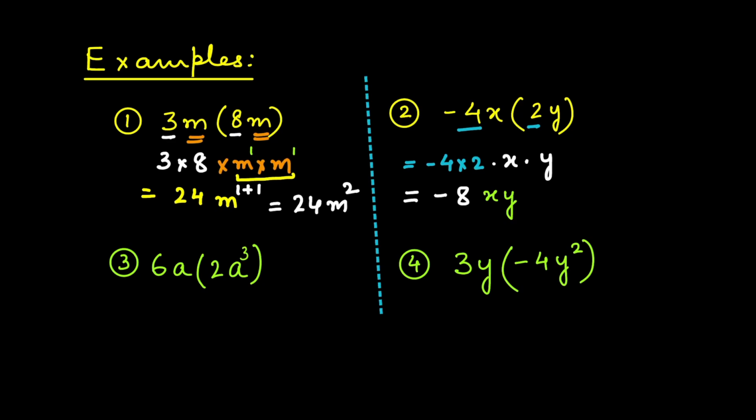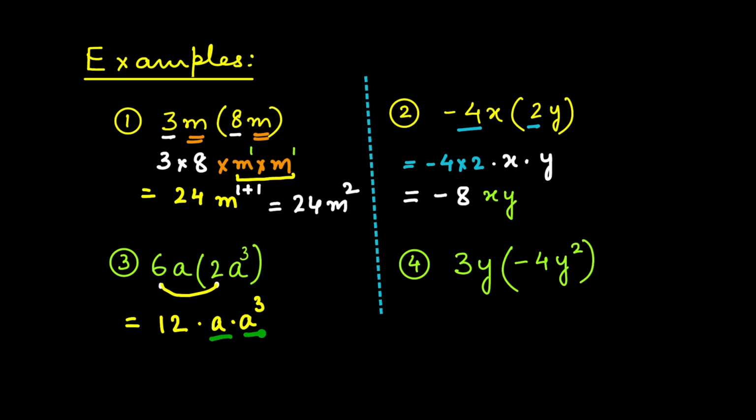Now example 3. Here we have again a monomial multiplied with a monomial. So in this, first we multiply the numbers. So we can write directly also 6 times 2. So it will be 12 and a times a cubed. So when we multiply a and a cube, we have to understand the power is 1 here because no power is given.